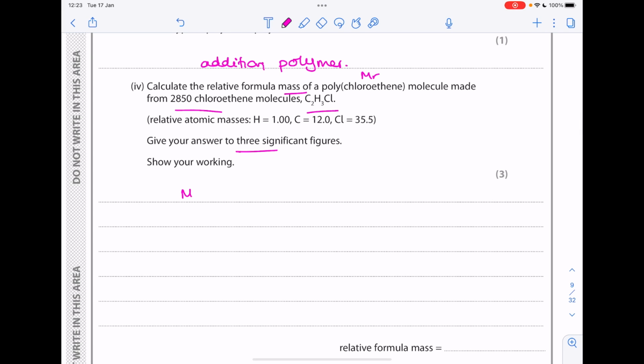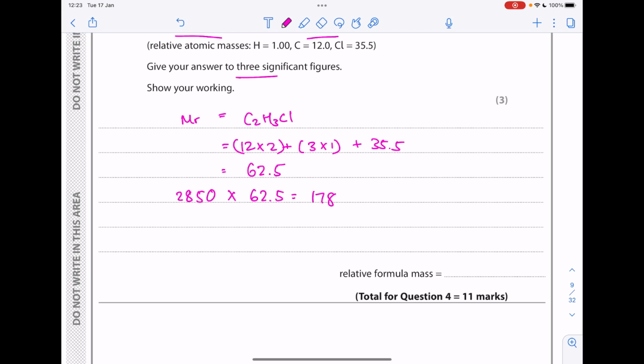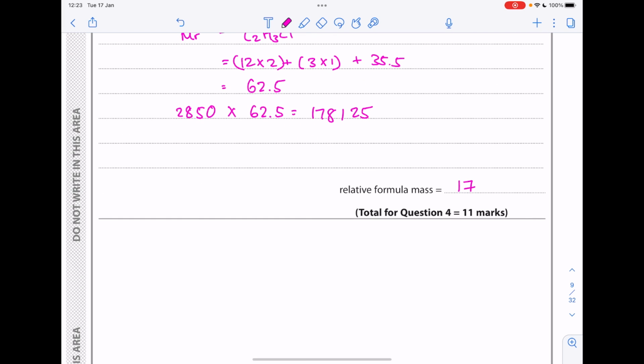So let's first of all find the relative formula mass of one molecule. 12 times 2 plus 3 lots of hydrogen plus chlorine to get an Mr of 62.5, and then because we have 2,850 of them, you end up with this big number here, but we need our answer to 3 significant figures, so it becomes 178,000 is our final answer.